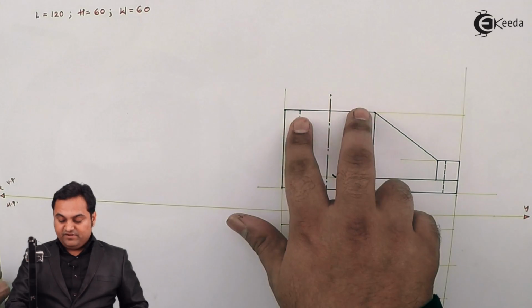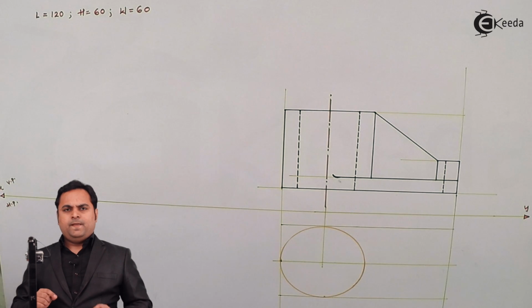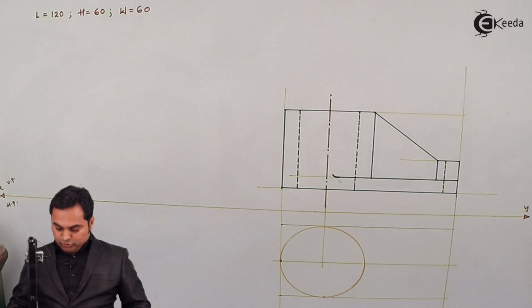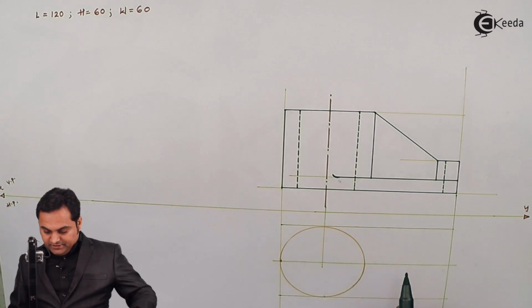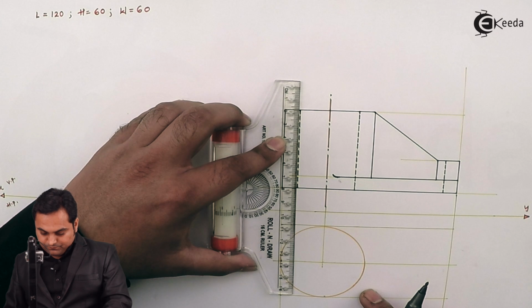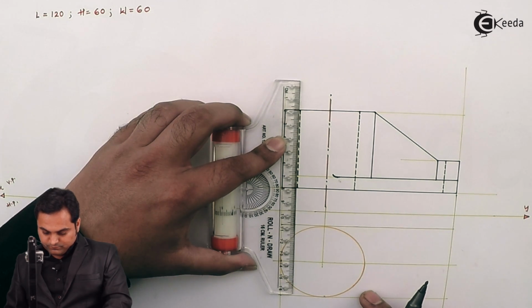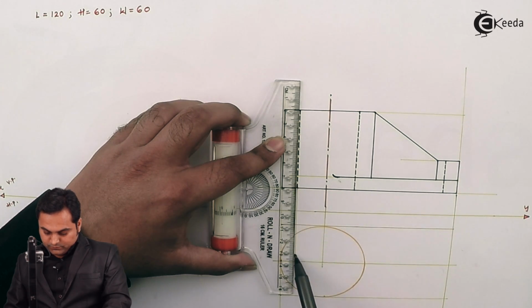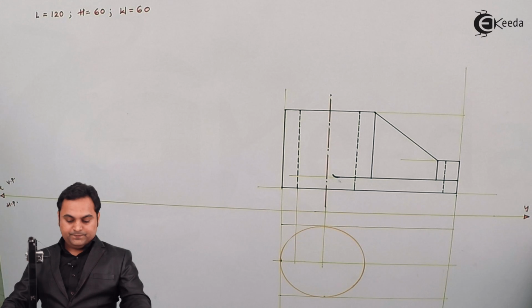At the same time we have inner circle which will be visible from the top. So for that also the center is same. Radius I'll project it downwards. So projecting it light.